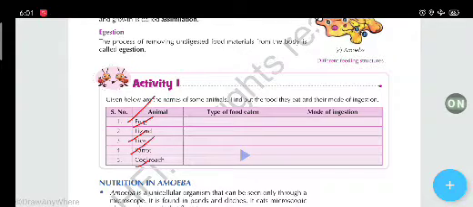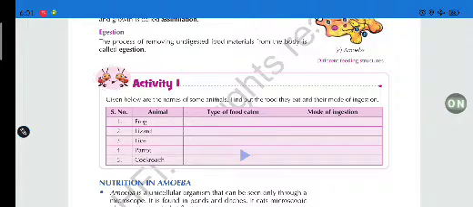Now in this column you have to write the type of food, what kind of food can be eaten by the frog, lizard and lice. And in the third column you have to write the mode of ingestion, what kind of mode of ingestion is used by the frog. For example, in frog, what can we write?